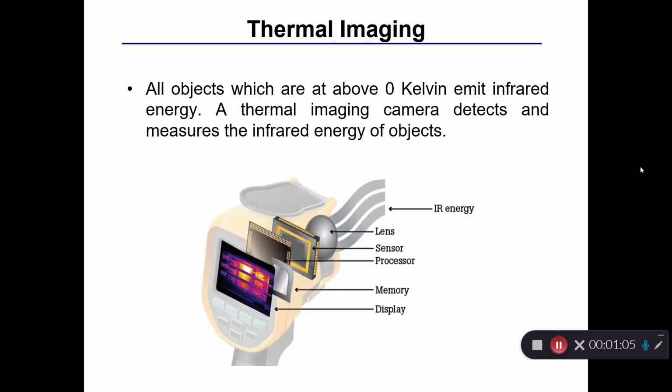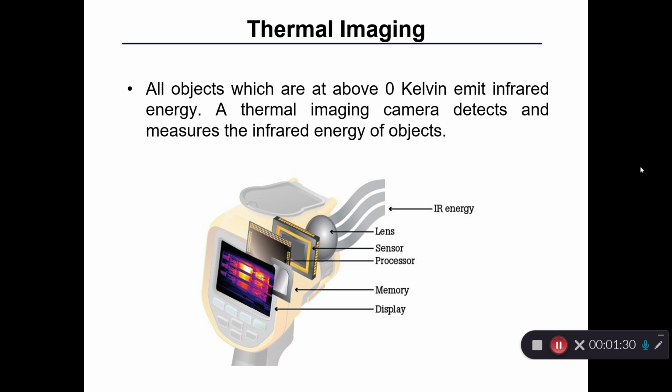So a thermal imaging camera works in the following way. Any body which is above 0 Kelvin temperature emits radiation, which includes infrared energy. Because this infrared energy is not in the visible range, we are not able to see that through our normal eyes.